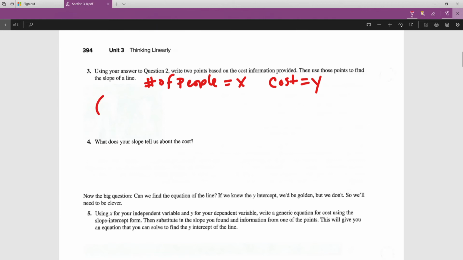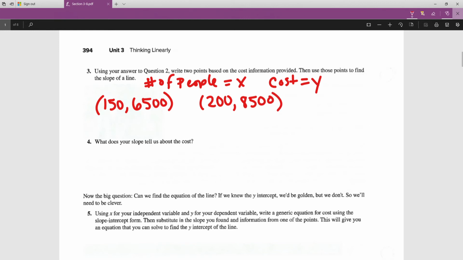So from our initial scenario, if we have 150 people, that means it costs $6,500. And then we also read that if we upped it to 200 people, it would cost $8,500.